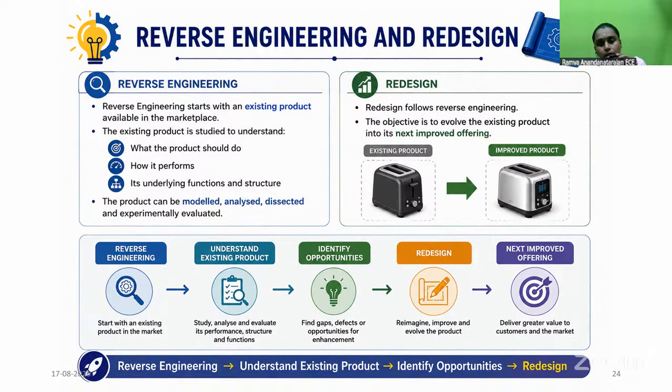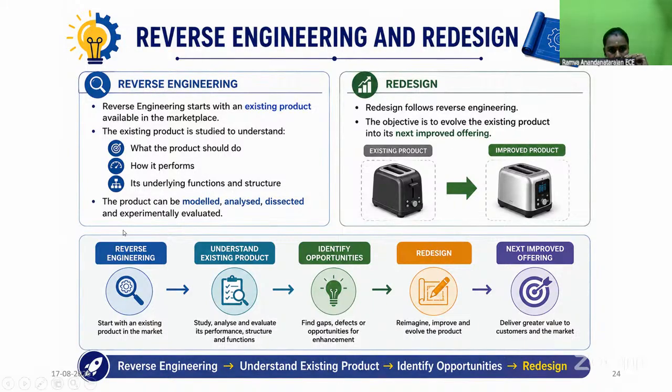For example, the existing product is a bread toaster. Then you analyze or dissect the bread toaster and understand the product completely. Okay, so once you understand, you can identify the opportunities and go for redesigning. So you find out what the gaps or defects or opportunities are there for enhancement.